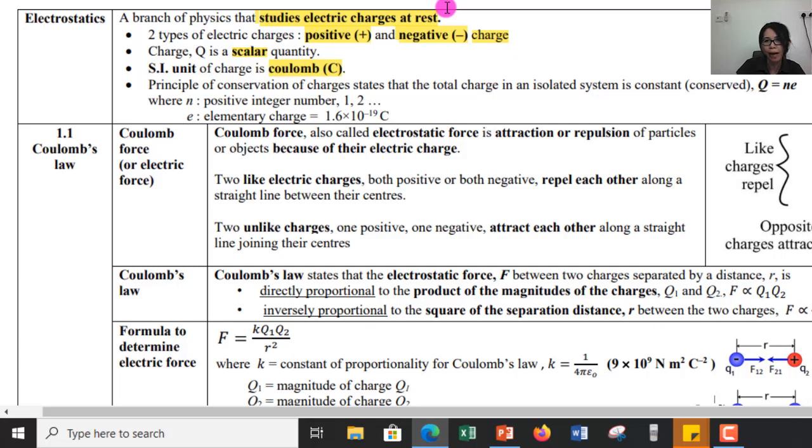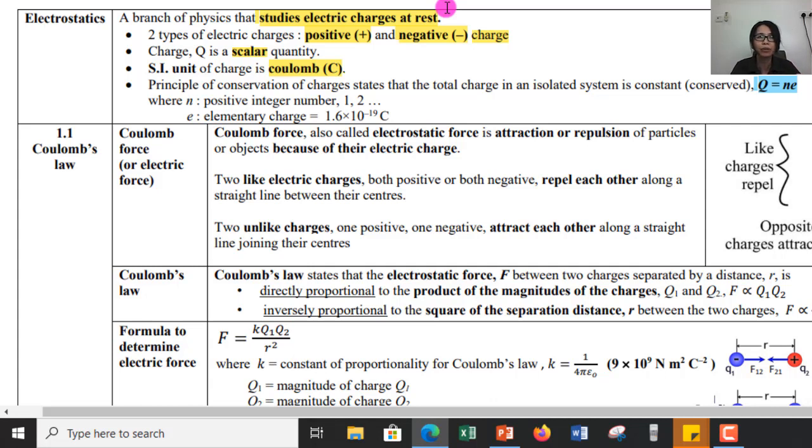Whereby we have Q equal to NE. N refers to a positive integer number. N represents the number of electrons or protons, the number of charges we have. E in the equation represents the elementary charge.